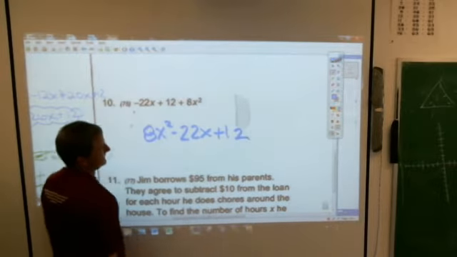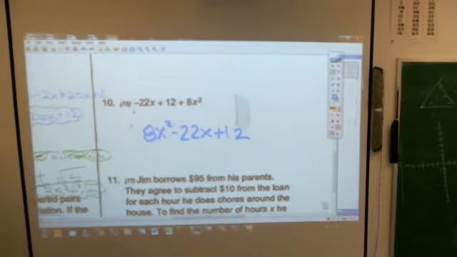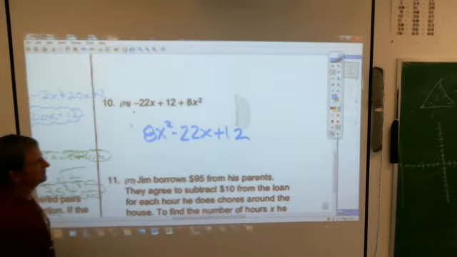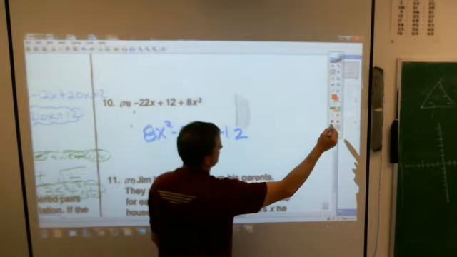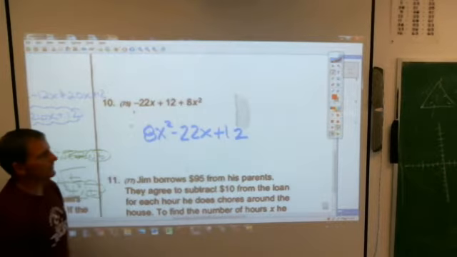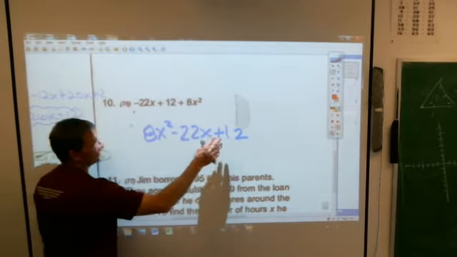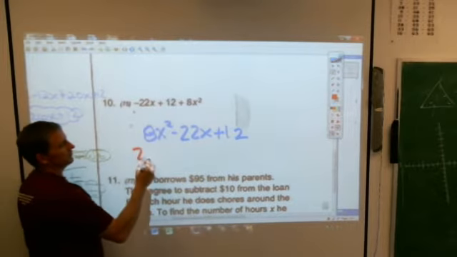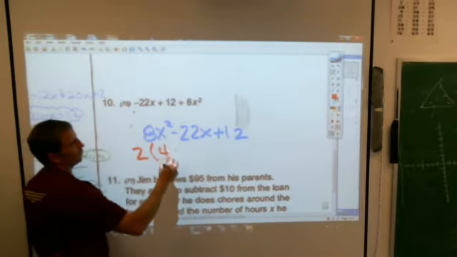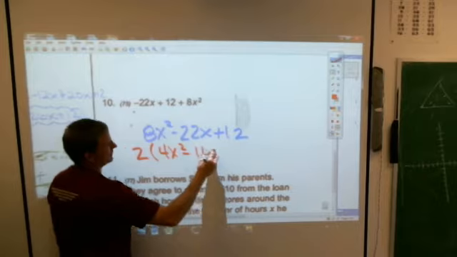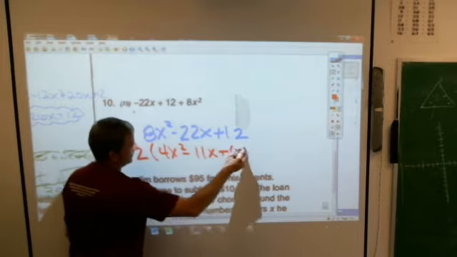Jaden, follow the same rules we always do. These have a common factor of 2. You take a 2 out, you're left with 4x squared minus 11x plus 6.